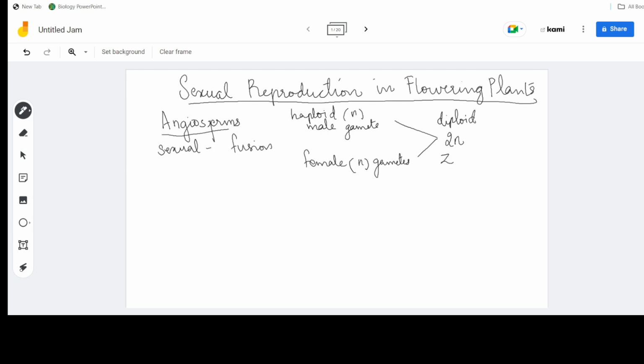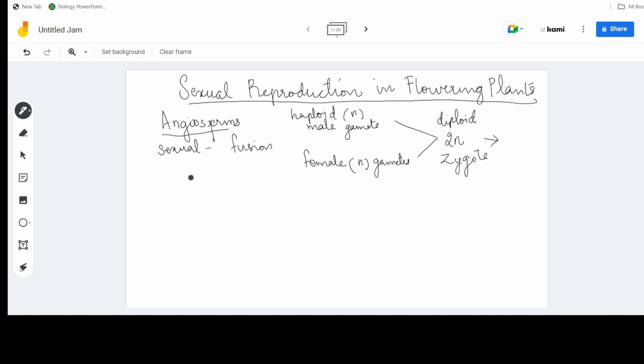This diploid cell is termed as zygote. And this zygote develops into an embryo and it further forms the new organism. So this kind of reproduction, where two haploid gametes fuse to form a diploid one, we call sexual reproduction. So we are going to talk about the sexual reproduction in flowering plants, that is angiosperms.